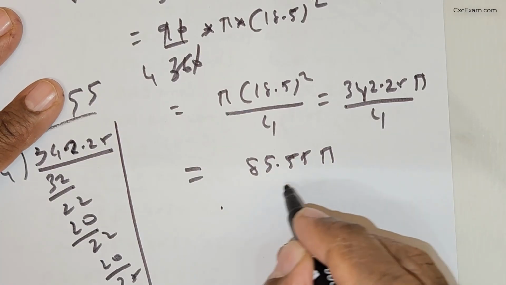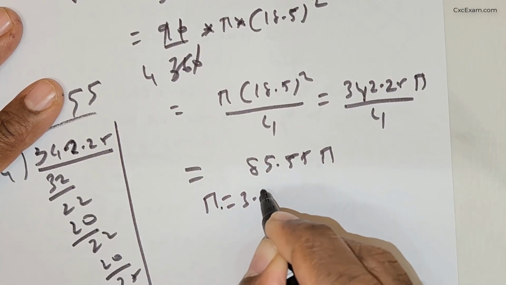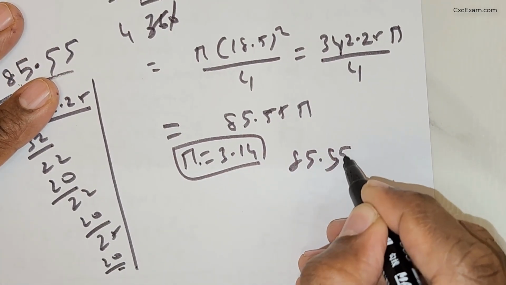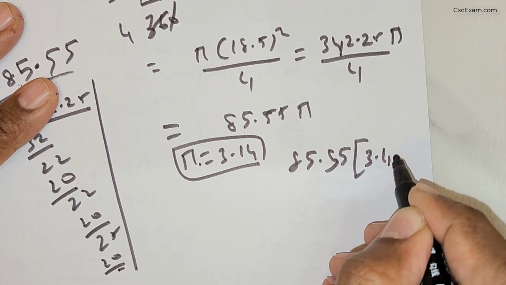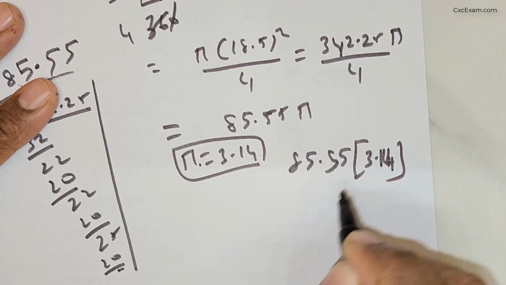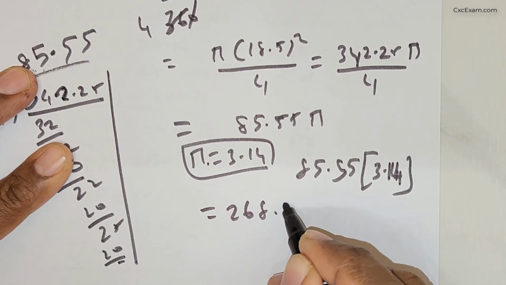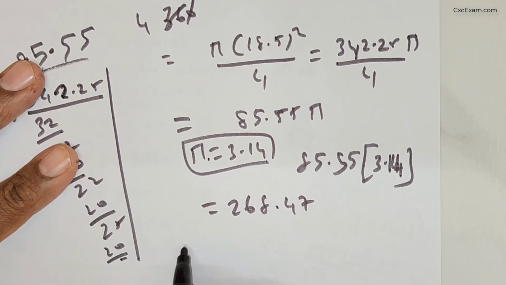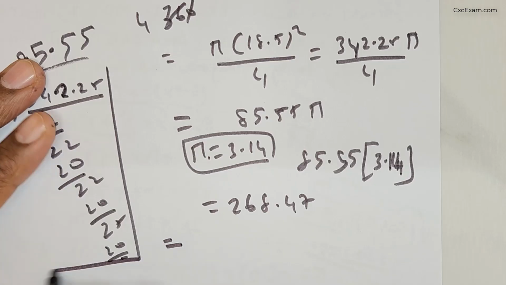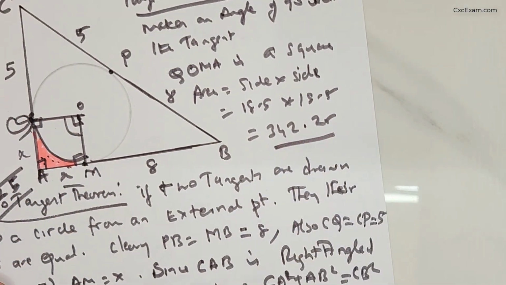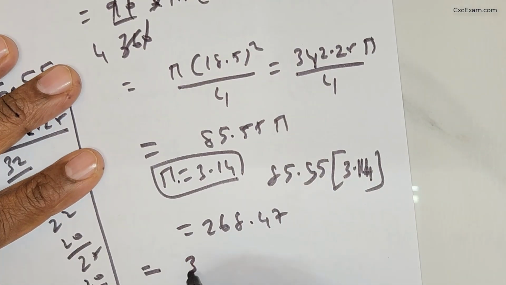So taking pi as 3.14, 85.55 multiplied with 3.14, how much do we get for that? We get 268.47.